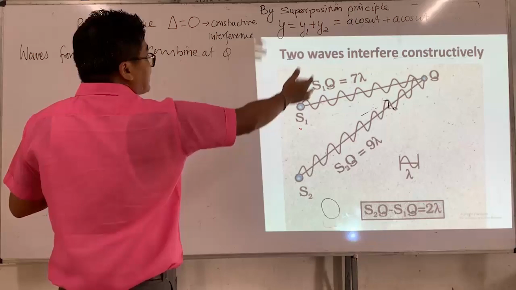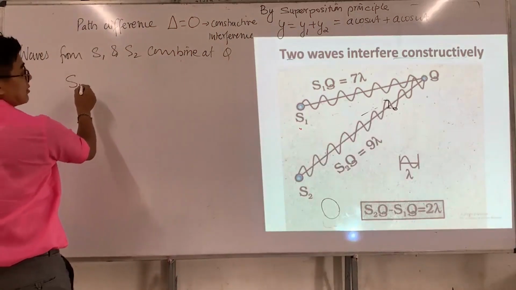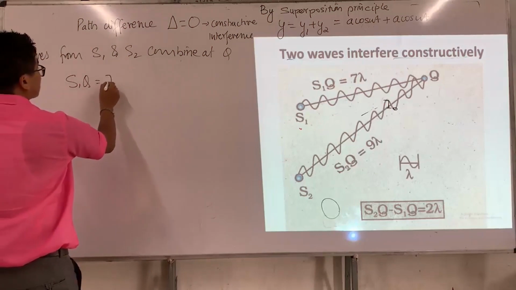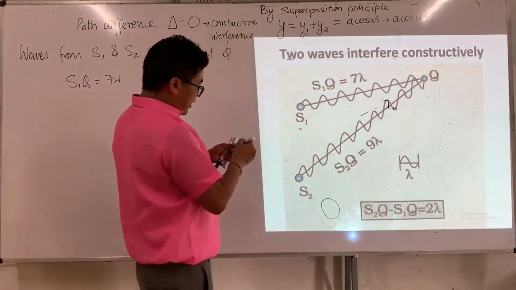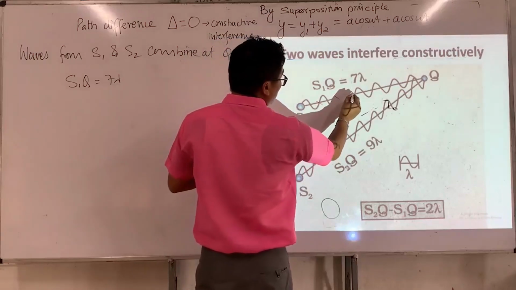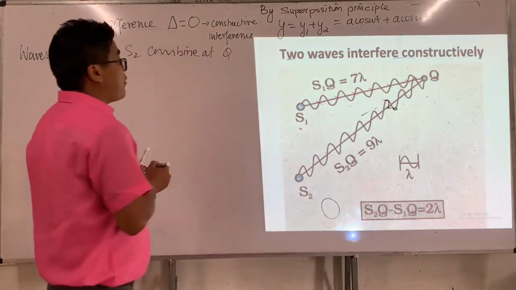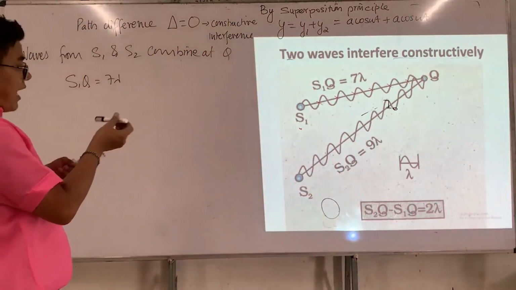And what is the distance? S1Q is equal to 7 wavelengths. I'll tell you how: 1 wavelength, 2, 3, 4, 5, 6, 7. This is the same wavelength.